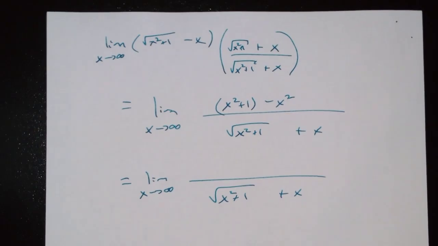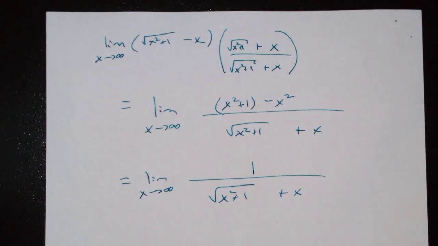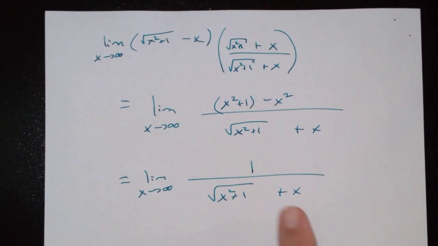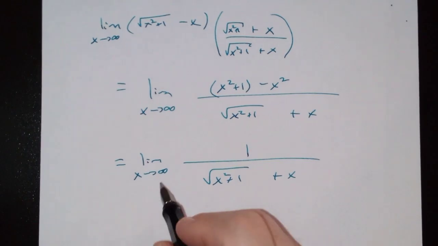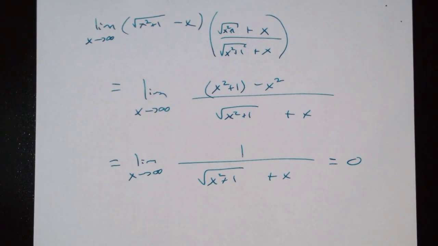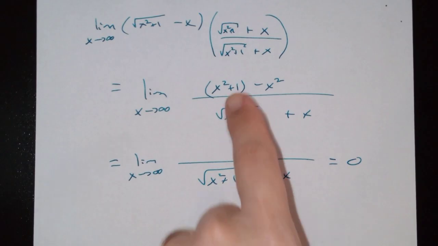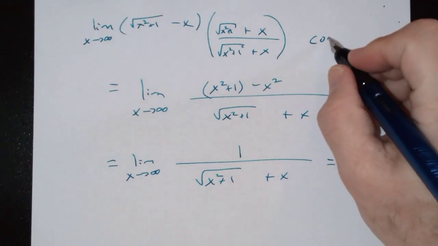What's up there? Just the 1. And now, what's 1 over a gargantuan? Notice this is big number plus big number, right? 1 over something huge gives me small. And we're going to go bigger and bigger and bigger. This is going to get smaller and smaller and smaller. That's going to go to 0. This expression, by the way, where I switch that sign in the middle between the pieces, is called the conjugate expression.